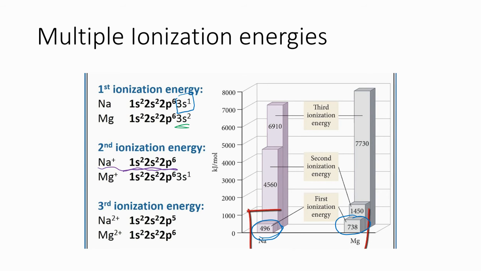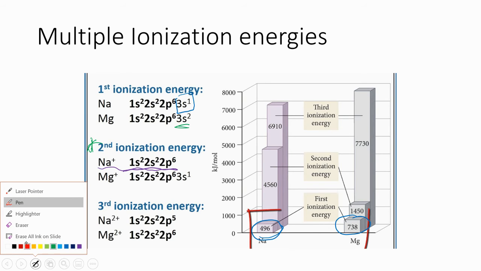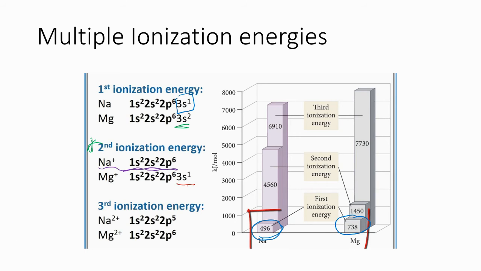But when you're taking a second one away, so that's what this one is, the second ionization energy, now magnesium has that 3s1 hanging out, and it would love to get rid of that to be like a noble gas. So when you see this second ionization energy for sodium, it's much larger. Here's sodium.